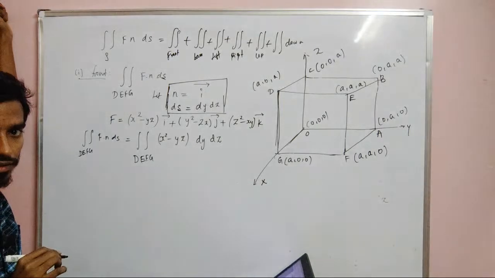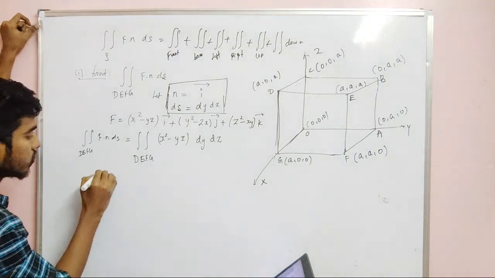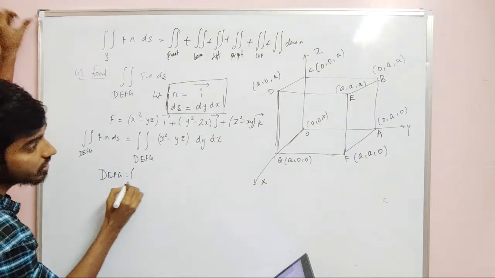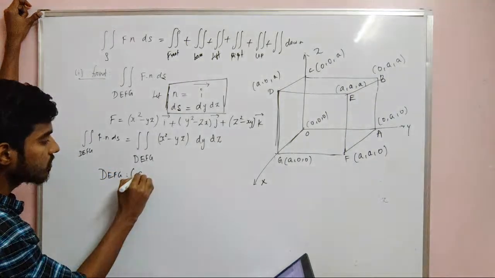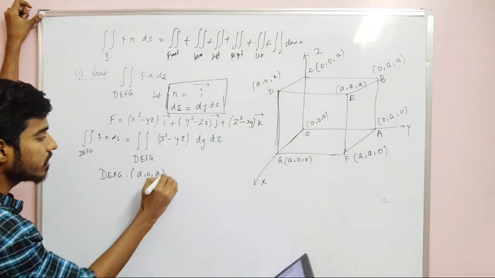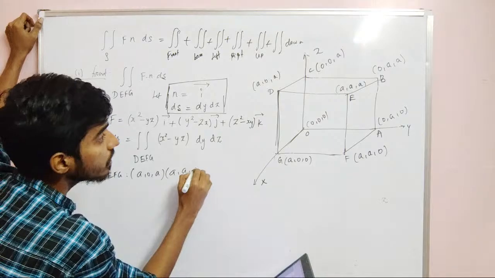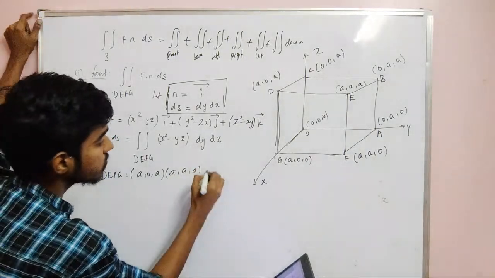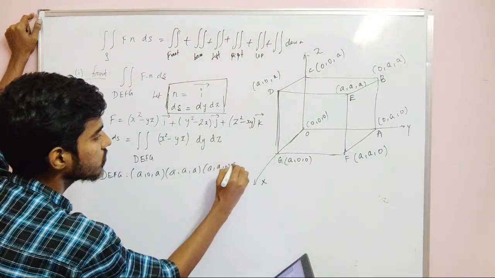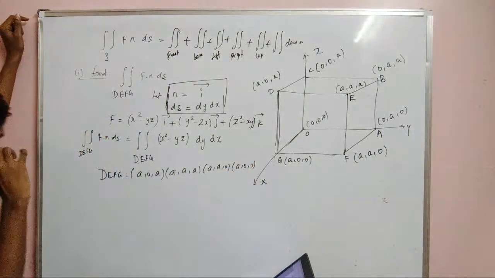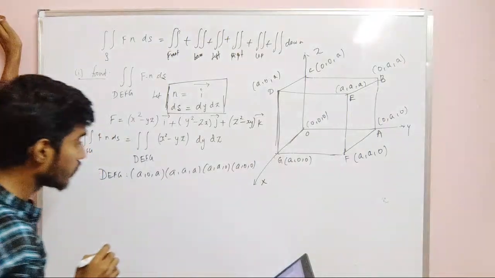Now we need to find the limits. To find the limits, you just take all the vertices. What is D? D is a, 0, a, and what is E? E is a, a, a, and F is a, a, 0, and G is a, 0, 0.